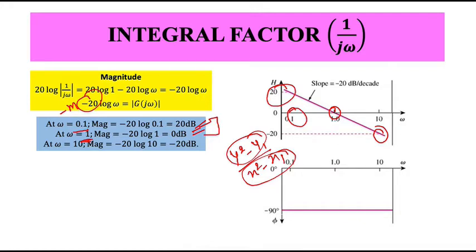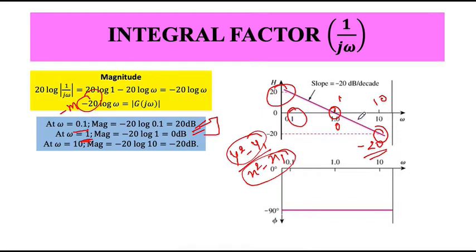Now what is the slope? See how much the y-axis changes from 0.1 till 1. The change is 20, in the negative direction. Again from 1 till 10, I am going from 0 to minus 20, again a change of minus 20.